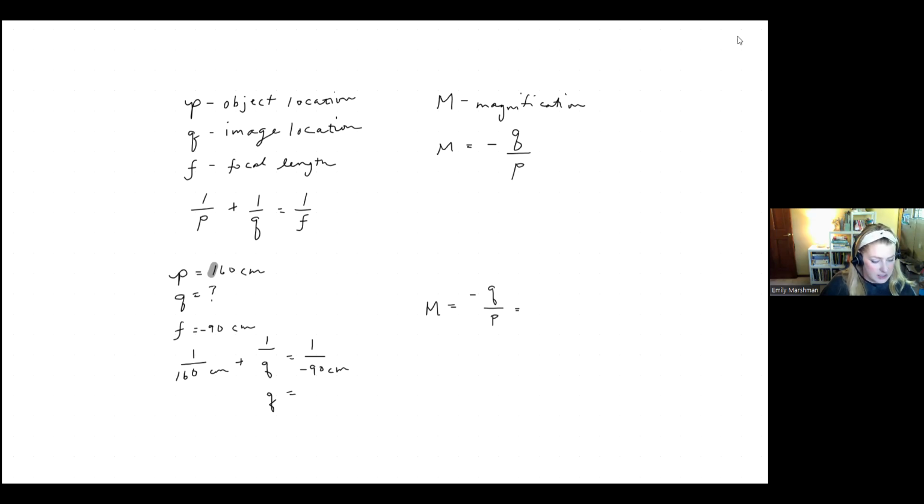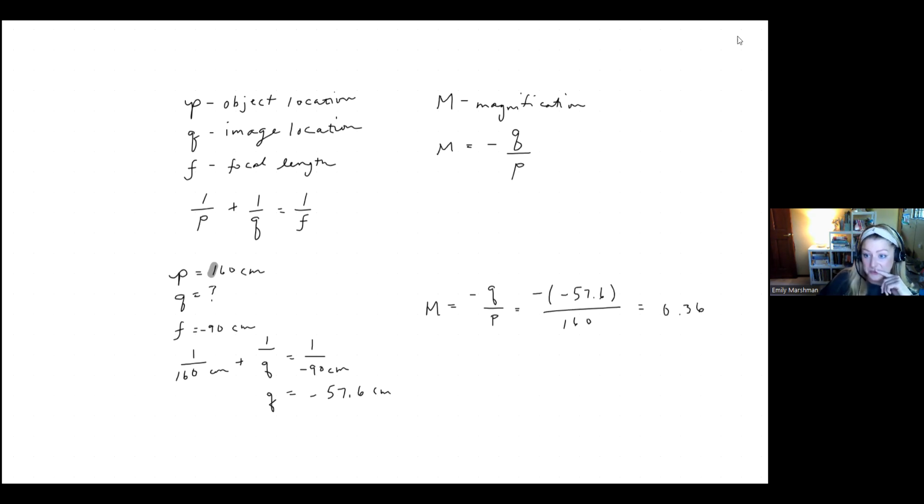Negative 57.6 centimeters, and the magnification will be negative q, which is negative 57.6 centimeters, divided by the object location, which is 160. Positive 0.36. So what do these numbers tell me?